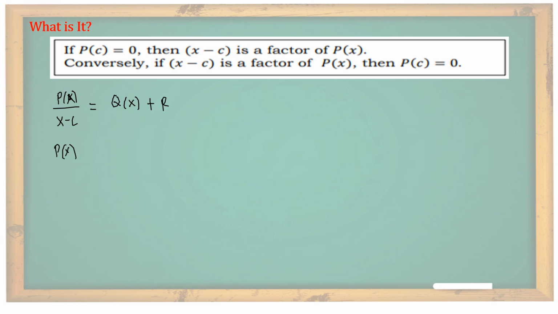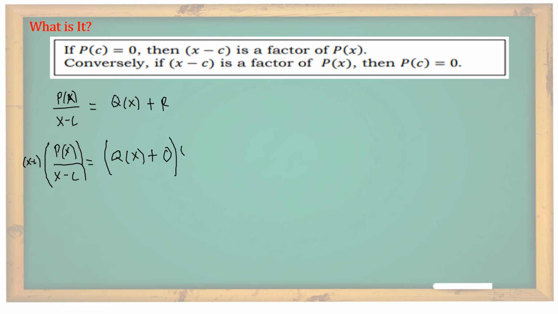Kapag ganito lang siya R, wala siyang over na x minus c, ibig sabihin yan yung ating R ay 0. So P of x over x minus c equals Q of x. Ibig sabihin yung remainder natin dito ay 0. Multiply both sides by x minus c.